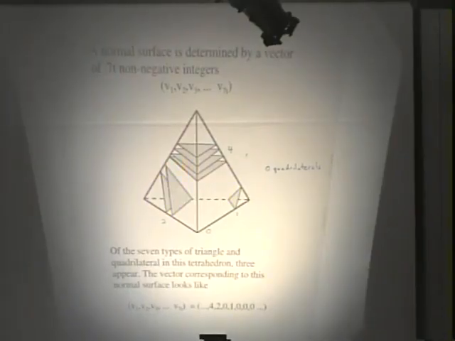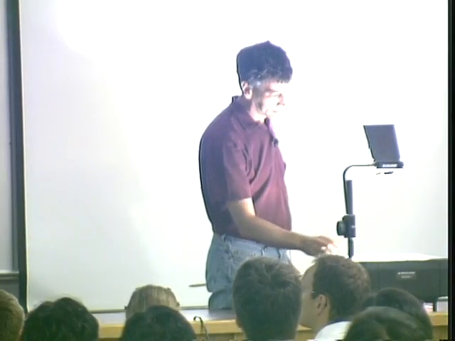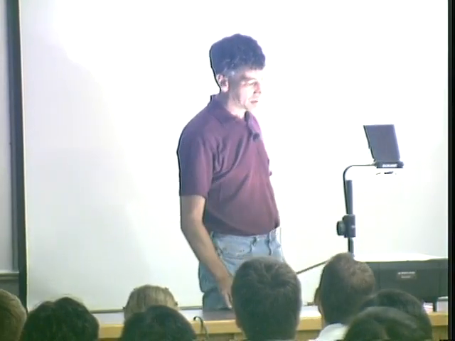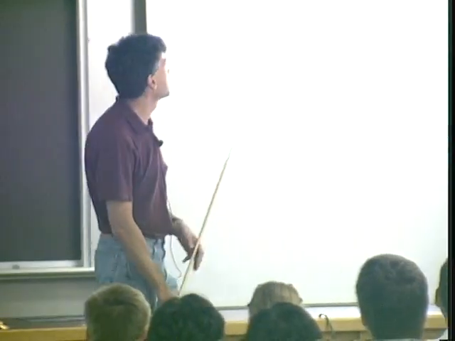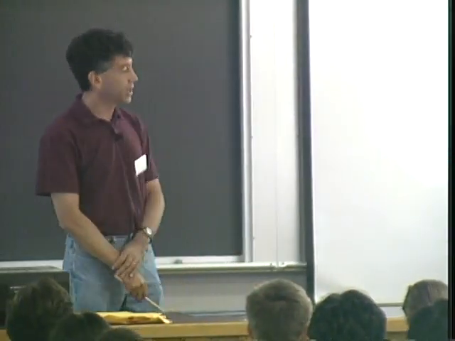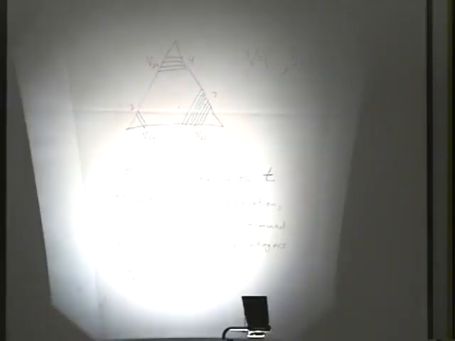So we've got a vector with non-negative integer entries. Here's what it looks like for a curve in a surface. There you'll have only 3T entries. You get 3 types of edges in every triangle, and you'll get a vector with 3T entries.